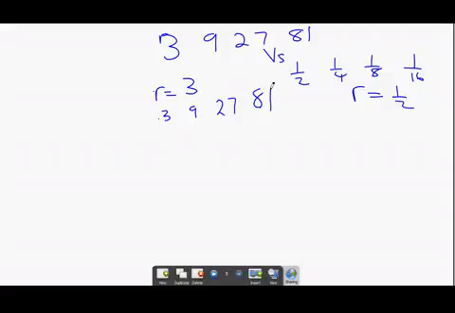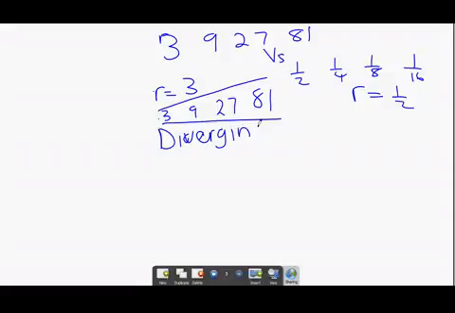This is called a diverging sequence. A diverging sequence is one where the numbers keep growing apart and are never going to come together. They get bigger until they get to infinity.